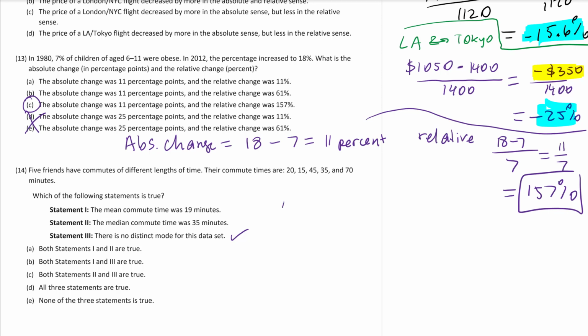So the mean is the average. So we add all the numbers and we're dividing them by 5. So I'm going to go ahead and add these. All right, so it's 185 divided by 5. That gives us 37.